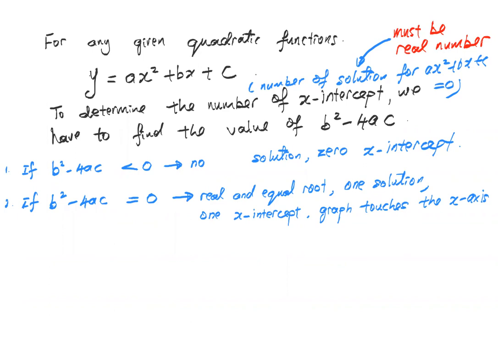Okay, what else? The last one. If b squared minus 4ac is greater than 0, we have two solutions. Maximum number of solutions, correct? Two solutions. That means two x-intercept.